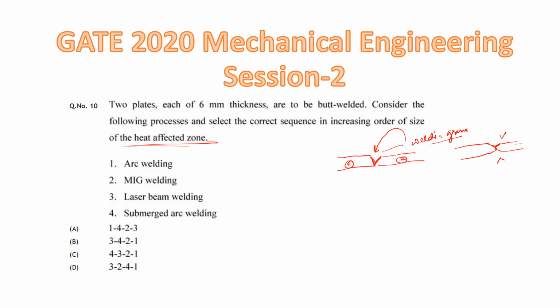So we know this is the portion of the heat affected zone. So the heat affected zone will be higher if the heat distribution is higher, right? Means the heat is distributed over a larger area, then the heat affected zone will be higher.